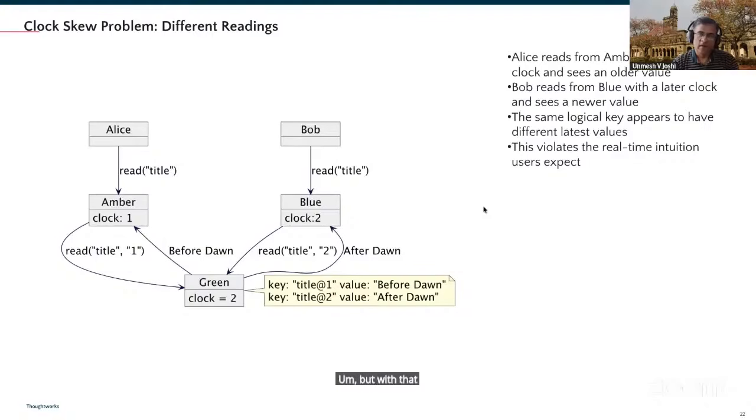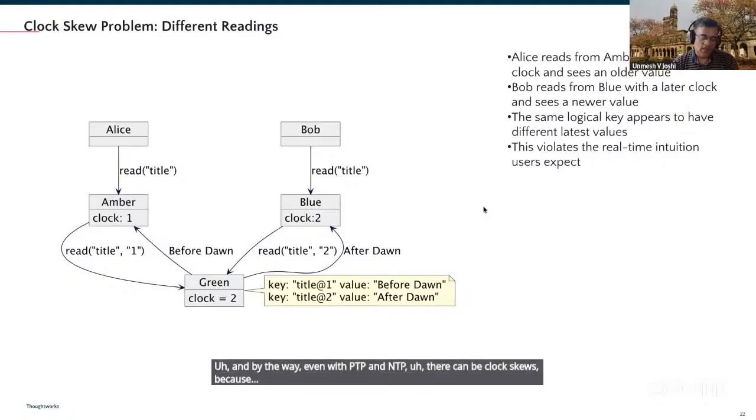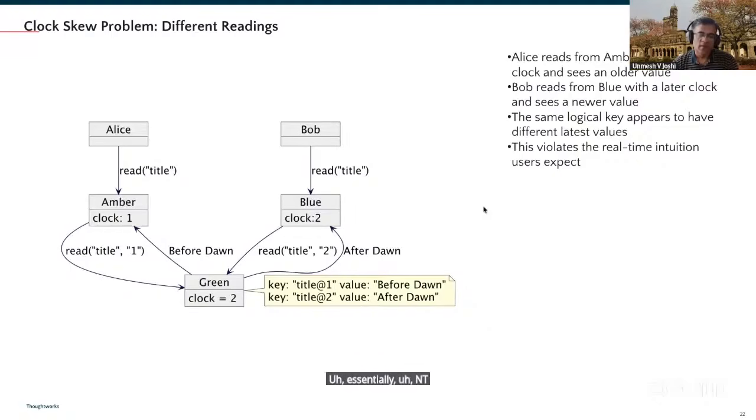But with that, there can be clock skews, and by the way, even with PTP and NTP, because essentially NTP and PTP rely on the network to fix your time on your machine, and anything that works over the network can run into issues. Let's say your messages get delayed, or your NTP service crashes on your machine.